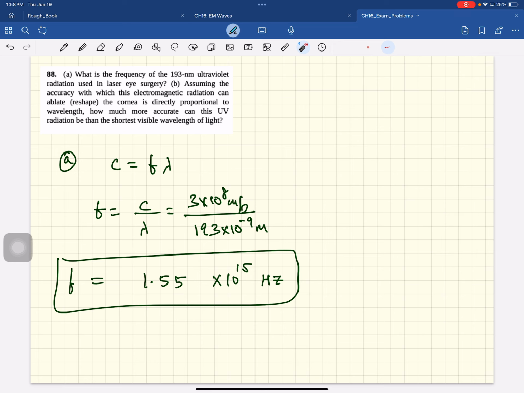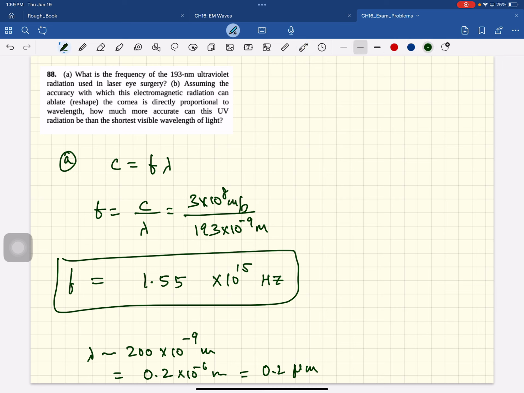So the wavelength is approximately 200 nanometer, so 0.2 times 10 to the minus 6 meter, 0.2 micrometer. A cell roughly is the size of a micrometer or a little more than that. So this is a 10th the size of a cell.